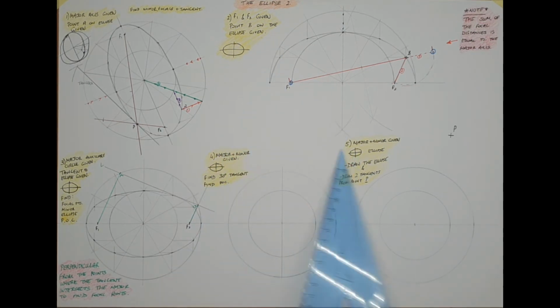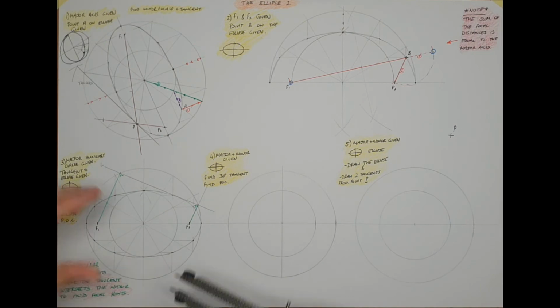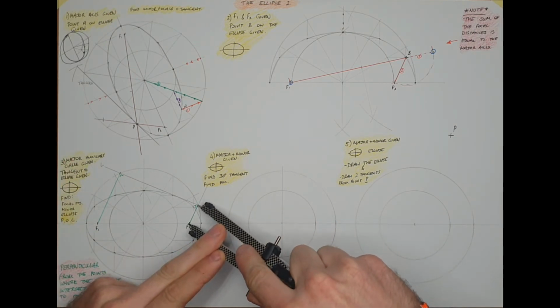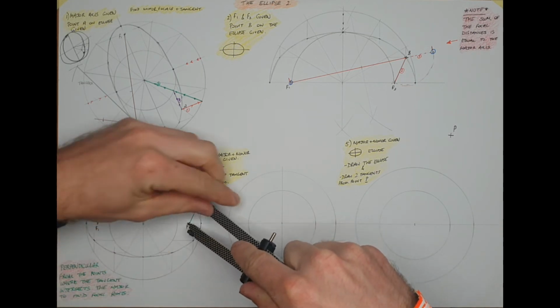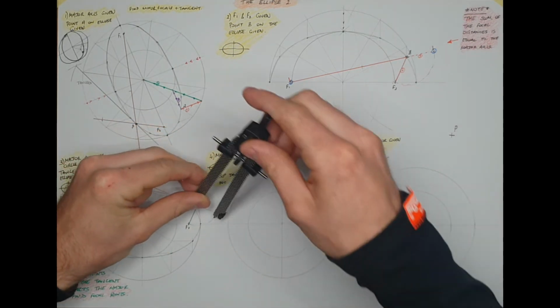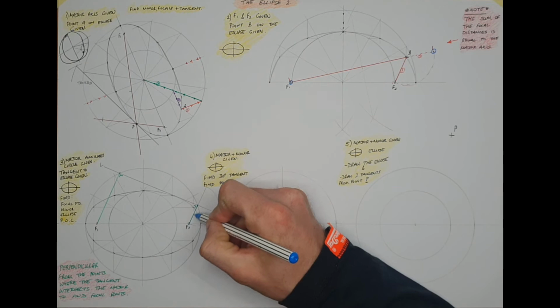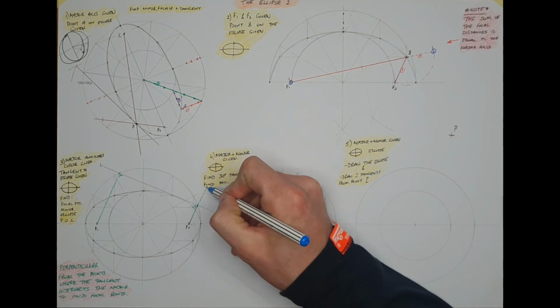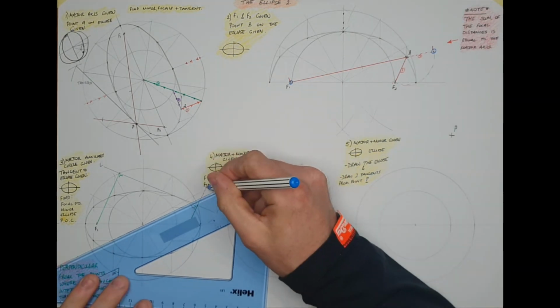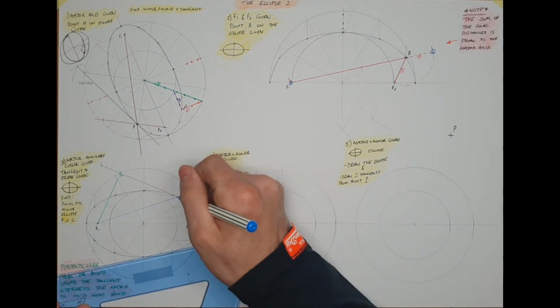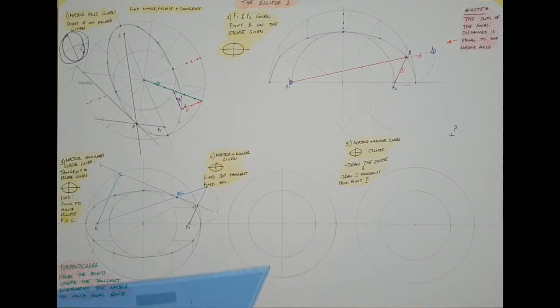Take the focal distance here and swing it around. I'm taking the green line and swinging it around to here, and then joining that back to the second focal, and that gives me the POC right there.